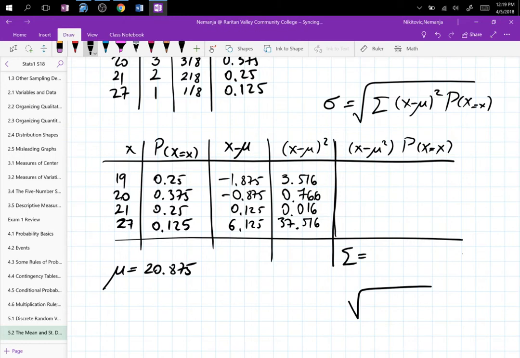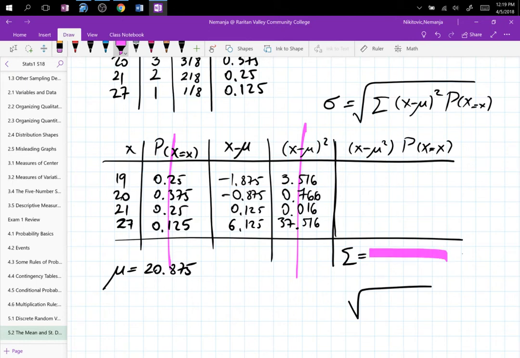And then we need to multiply each one by their probability. So now we are multiplying these two columns. We have subtraction first because that's in parentheses, then we square, then we multiply, and in the end we add.